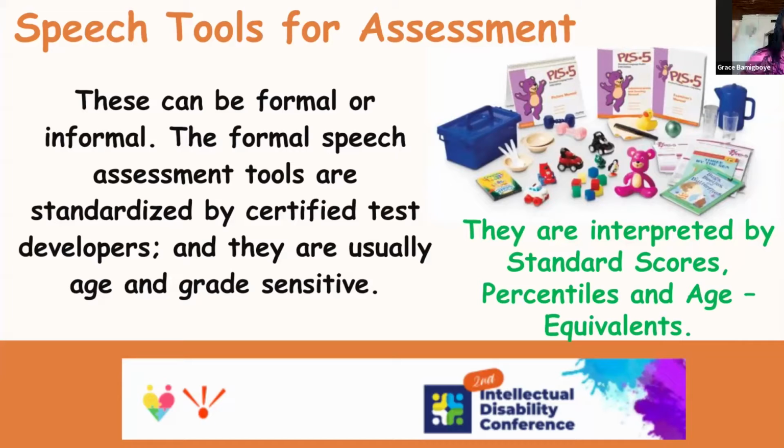So the results are collated and they are used in a kind of table, where when you get a number, you go and check the psychometric measure interpreted by standard score, percentile, or age equivalent. So those standardized test tools can actually tell you the extent to which the child is deviating from what is expected for that age.